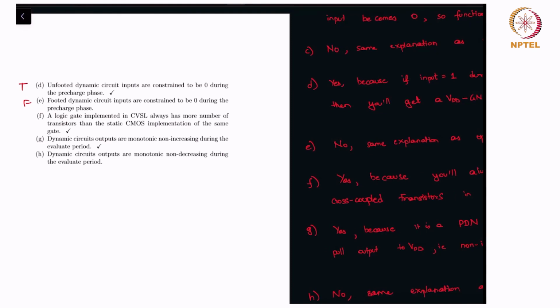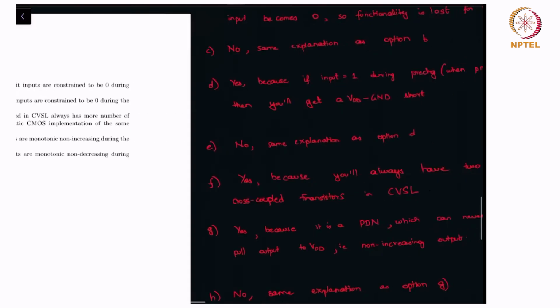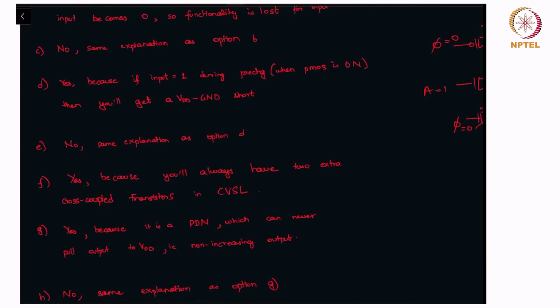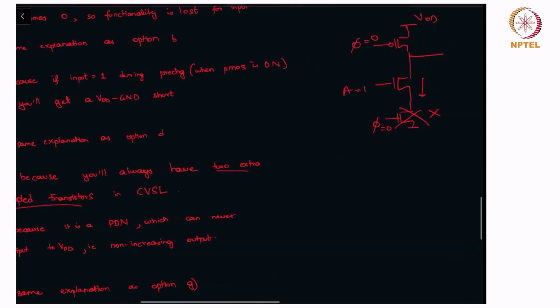A logic gate implemented in CVSL always has more transistors than the static CMOS implementation of the same gate, right? So that is true. For option F, you will always have 2 extra cross-coupled transistors in CVSL. Let's say for example PMOS-based CVSL, you'll always have these cross-coupled gates on the top.